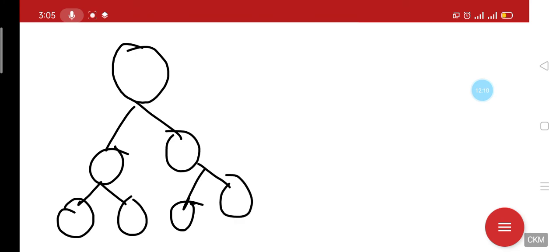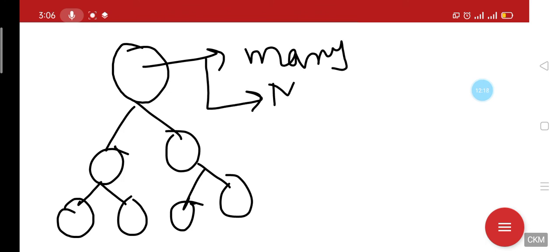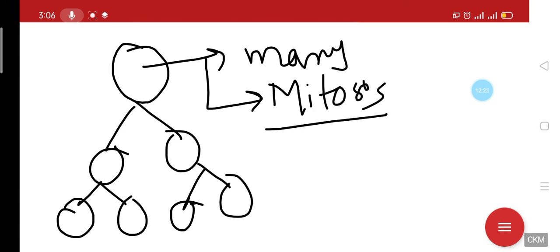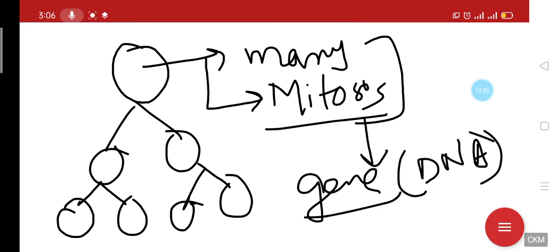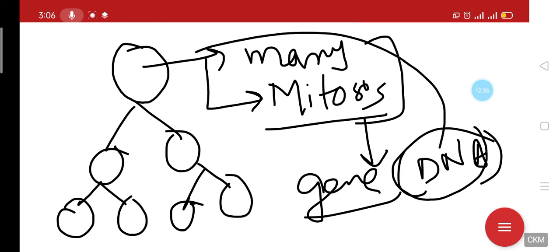How many times a cell is going to grow, or how many times it is going to pass through the mitosis phase, is all controlled by the gene. The gene means DNA. The DNA controls how many times a cell is going to reproduce, or how many new cells one cell is going to produce. So this is all basically controlled by a gene.